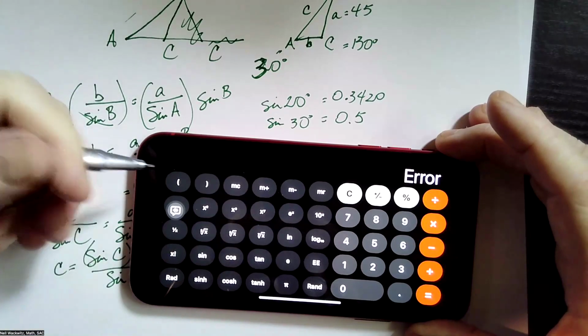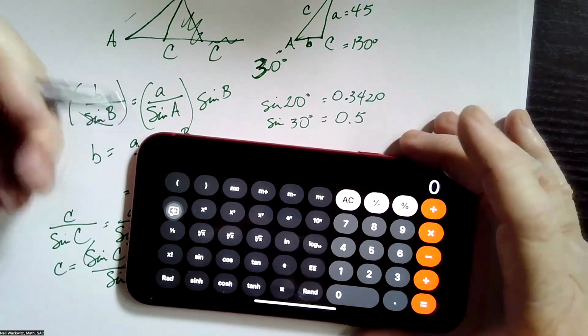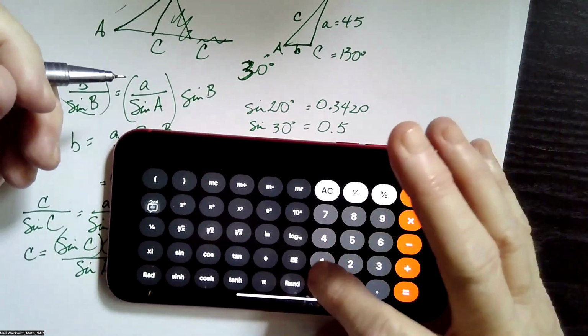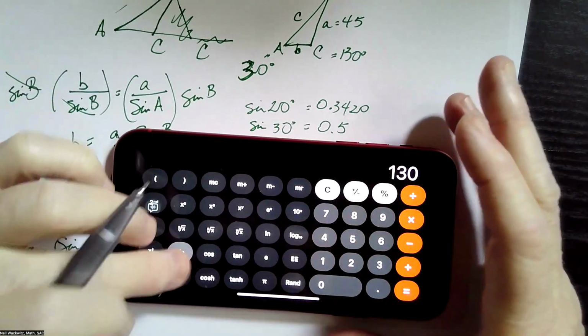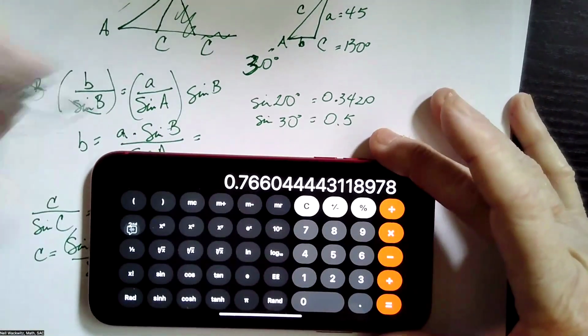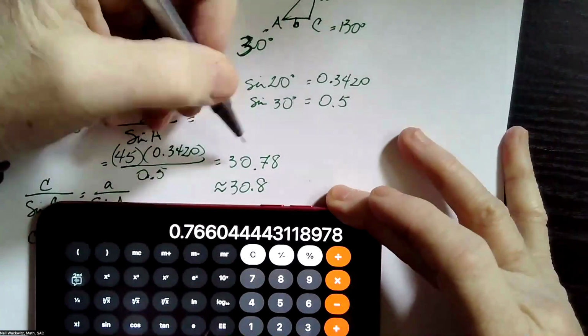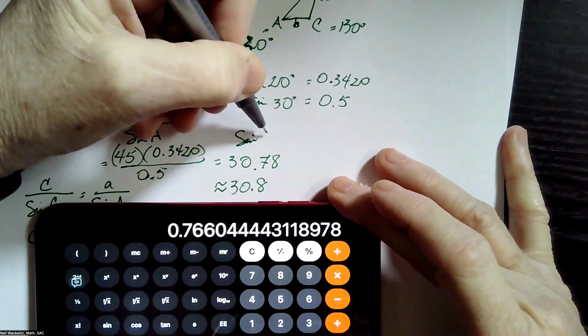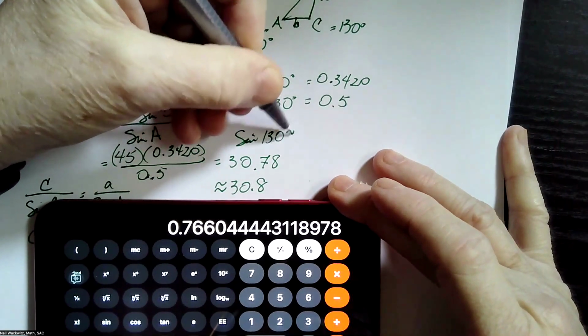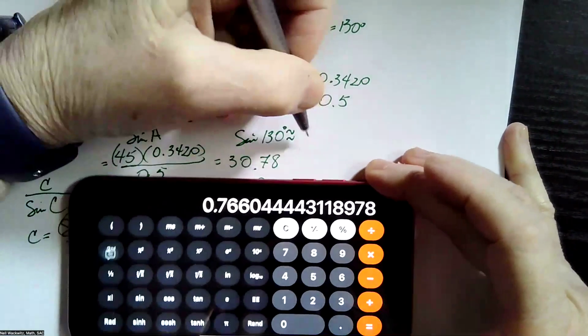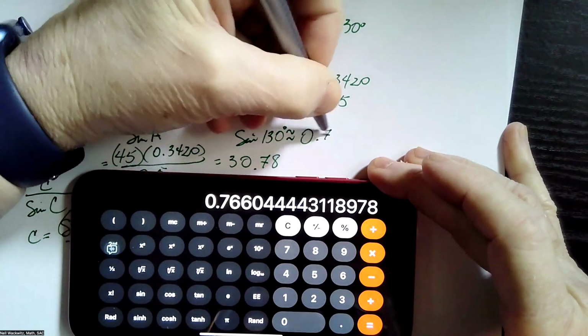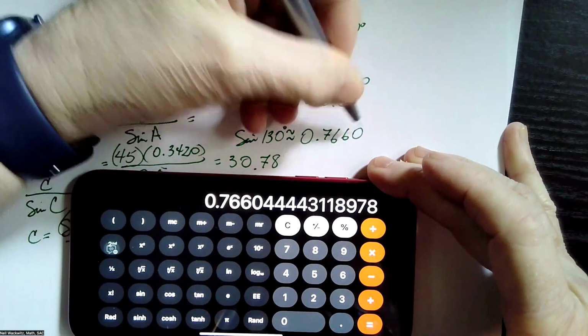So when nothing shows up, it's in degrees. Sine of 130, I want to round to 4 decimal places, so it's going to be 0.7660.